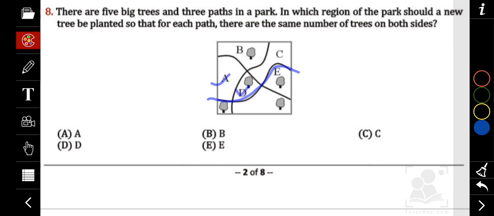One tree, two tree, three tree, and this is so B comprises the 3 possibilities of the trees to be planted. So our answer is option B.